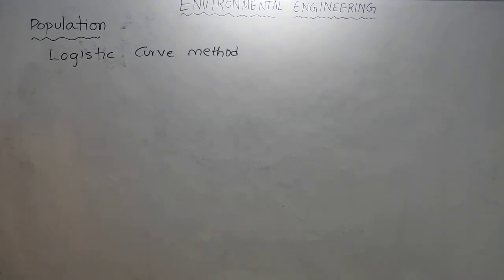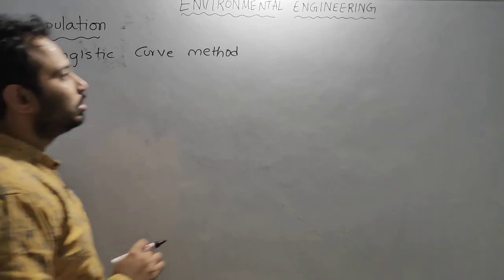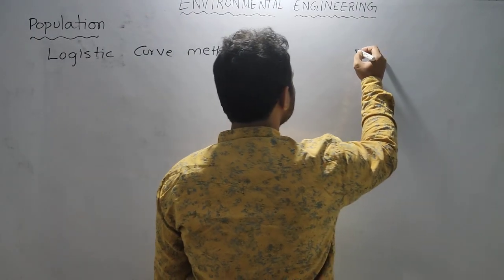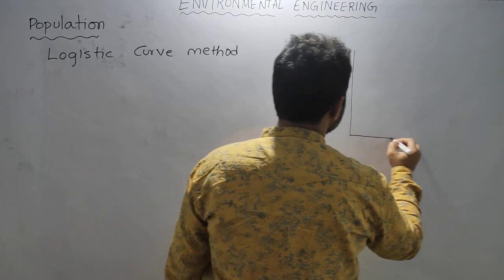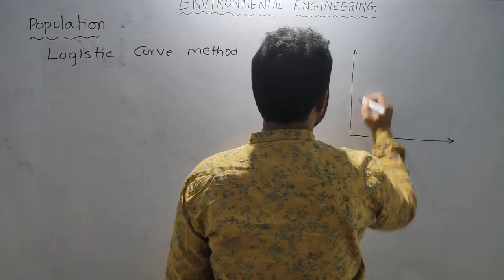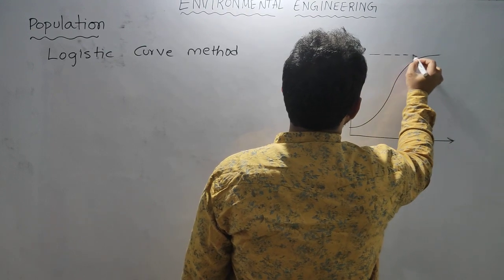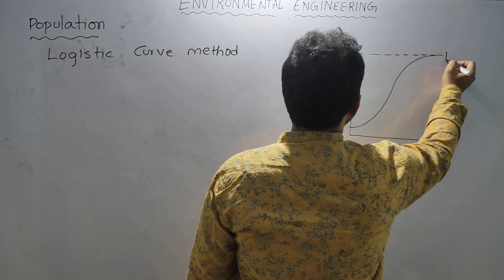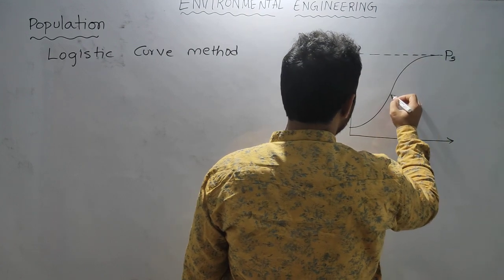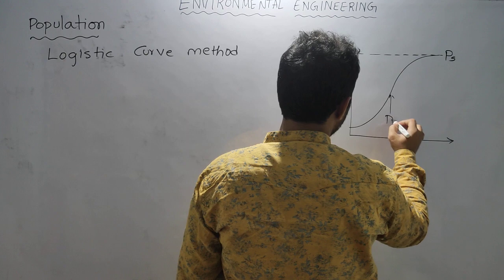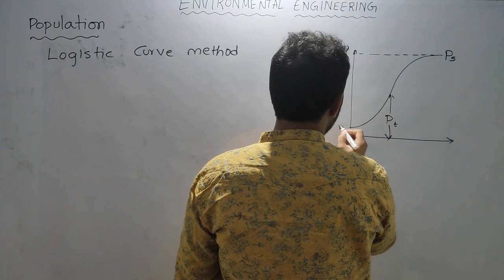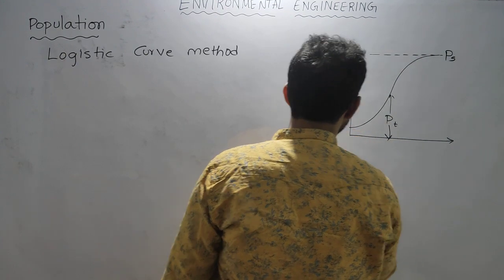See here, logistic curve method. I told you already, there will be a saturation population, PS, and there will be a population at any point of time, PT, and the initial population is P0.